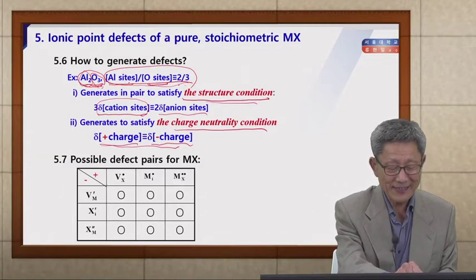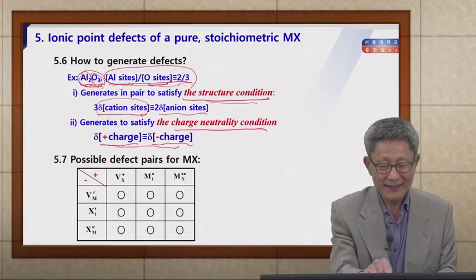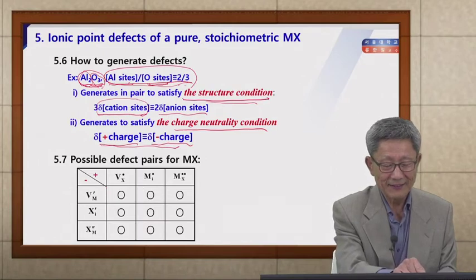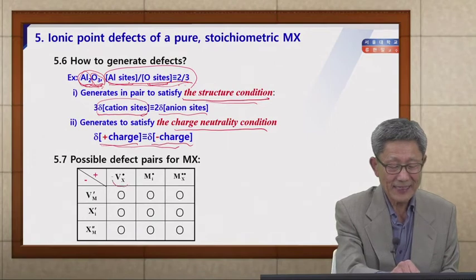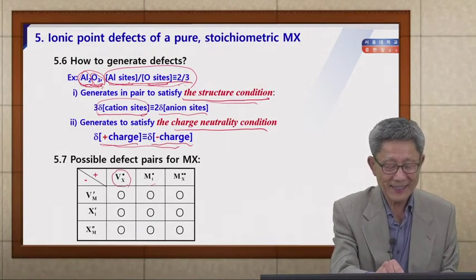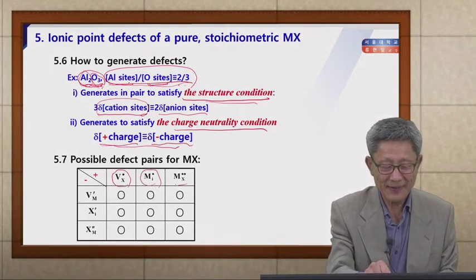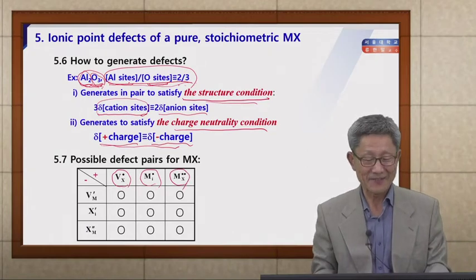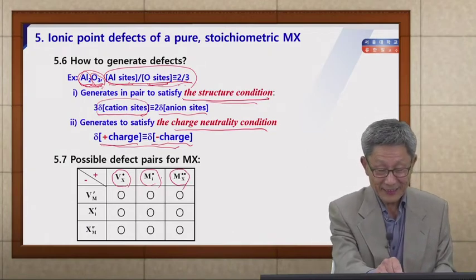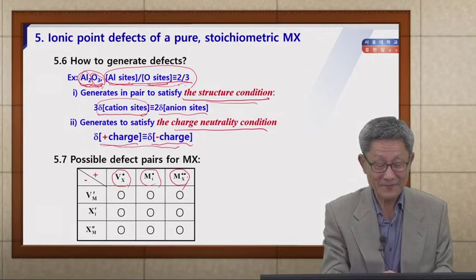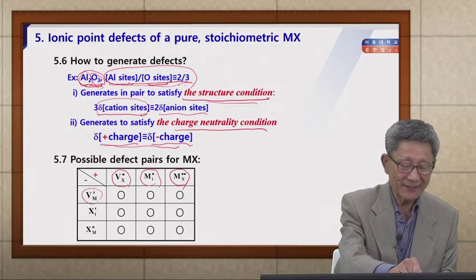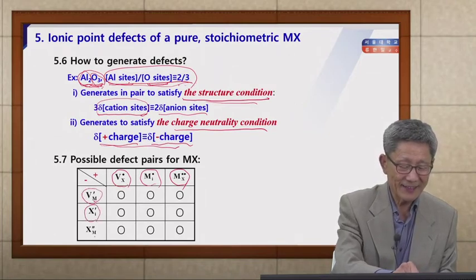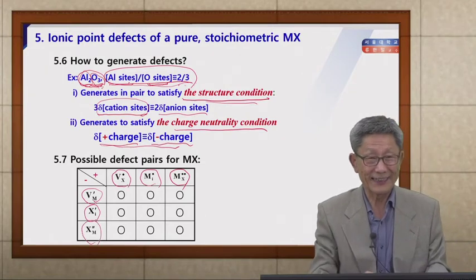Positive charges, let me write down, on this row. Missing anion, interstitial cation, and misplaced cation. Pay attention to the number of effective charges. Now, the negative species are missing cation, interstitial anion, and misplaced anion.